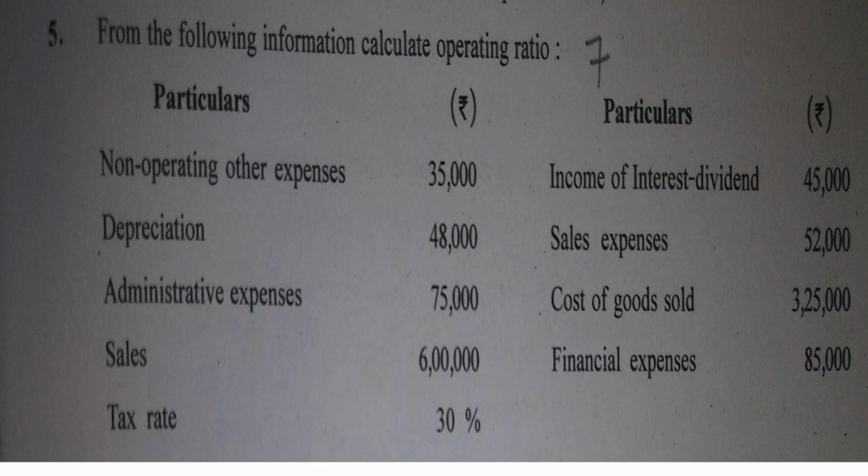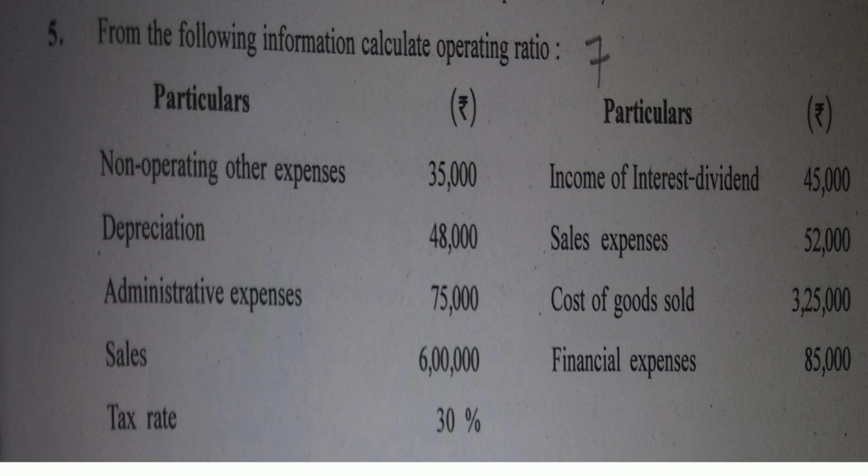The very first question in your mind: what is the formula for operating ratio? If you have a writing book right now, it is best you start writing. Firstly, write down the formula, or else if you remember the formula, write down the content. The formula for operating ratio is COGS plus operating expense upon sales into 100.